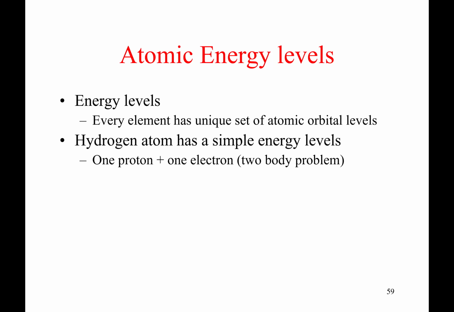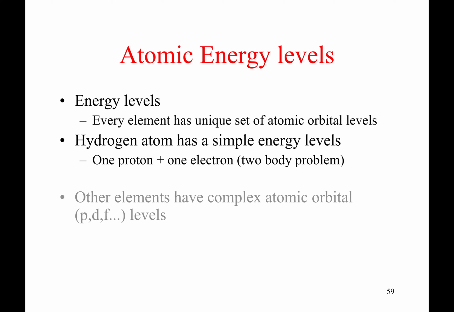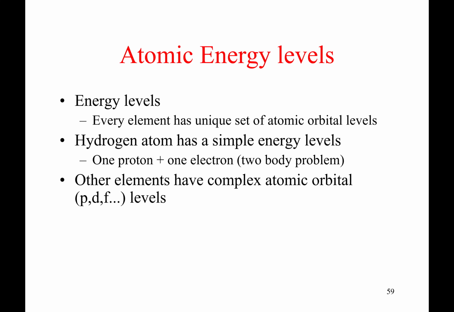But when you go past one, then you go to helium, and you start having many more interactions and many more configurations. Other elements will have complex atomic orbitals, p orbitals, d orbitals, f orbitals, and so forth. And so what we talk about, I'm sure you might have mentioned this, is that we have a splitting.